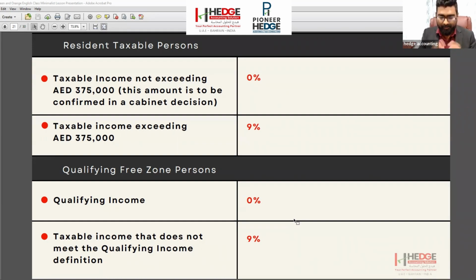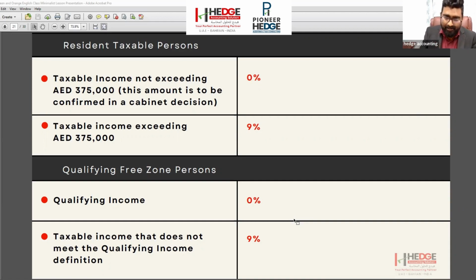For all establishments, if the legal type is establishment, the profit will be calculated as a whole. For example, one owner has 3 businesses, each having a profit of 300,000. Then the total profit will be 900,000. Whatever comes after 375,000 will be charged at 9%. How can we avoid this?